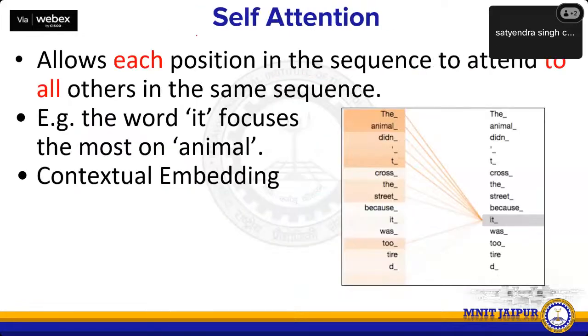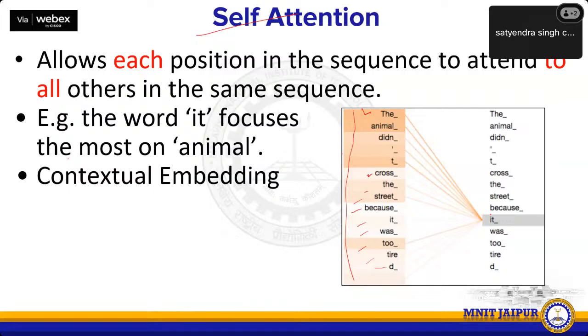What does self-attention actually do? Self-attention allows each token in the sequence to attend to the other tokens. For example, in the sentence "the animal didn't cross the street because it was too tired," inside the same sentence, self-attention computes the attention between the words.